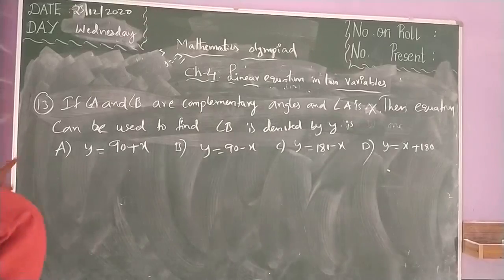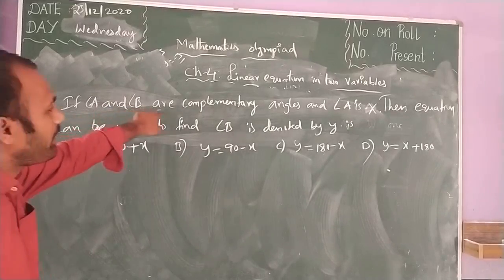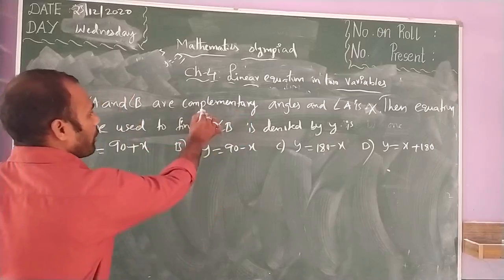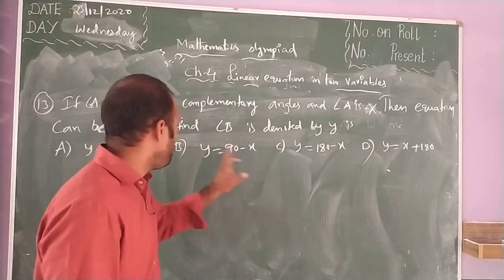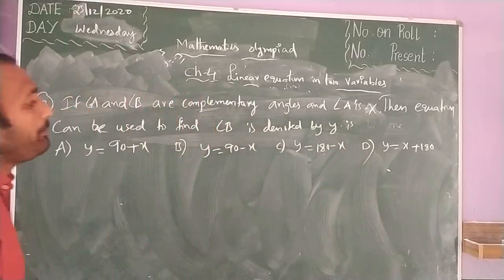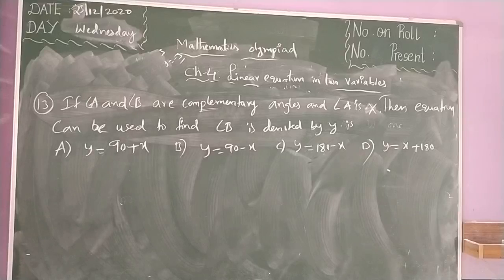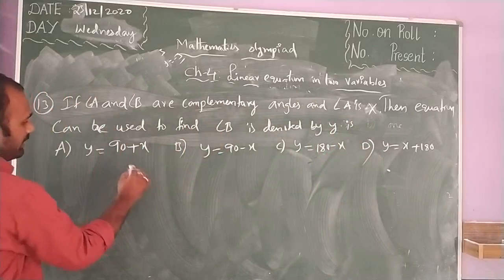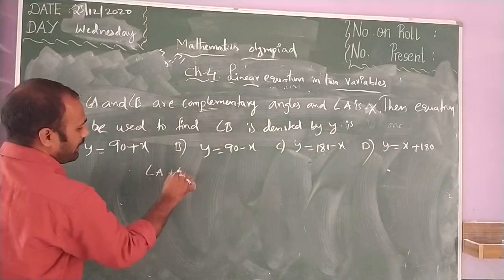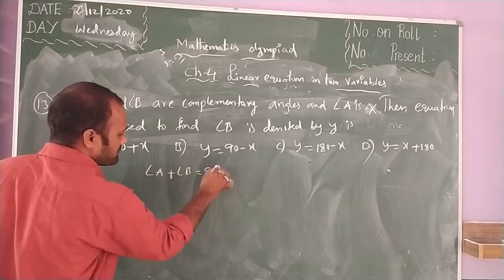Next, coming to the 13th question, if angle A and angle B are complementary angles, so we know that complementary angles will be 90 degrees. So either option A or option B will be the answer, 180 will not be there. Why? Because 180 degrees is supplementary. So angle A is x. Since angle A and angle B are complementary, angle A plus angle B should be 90 degrees.